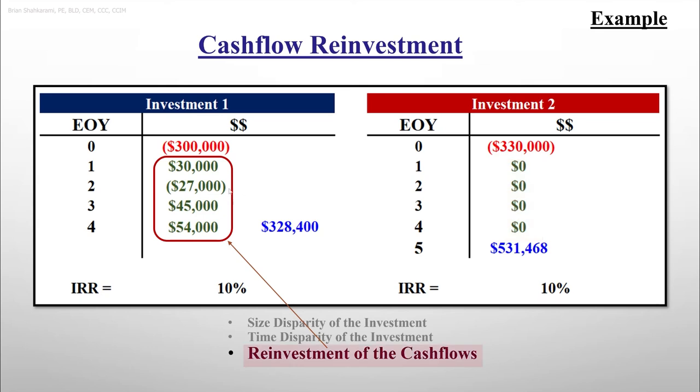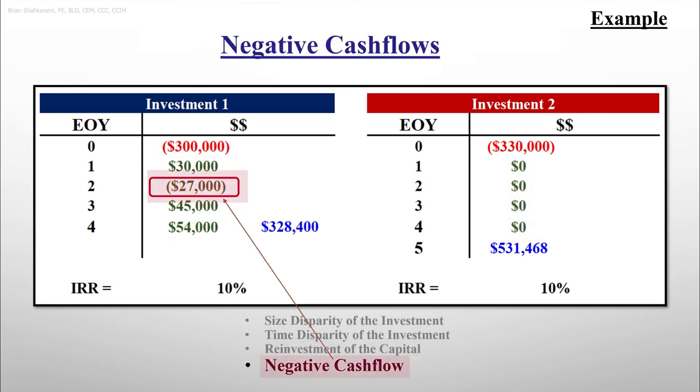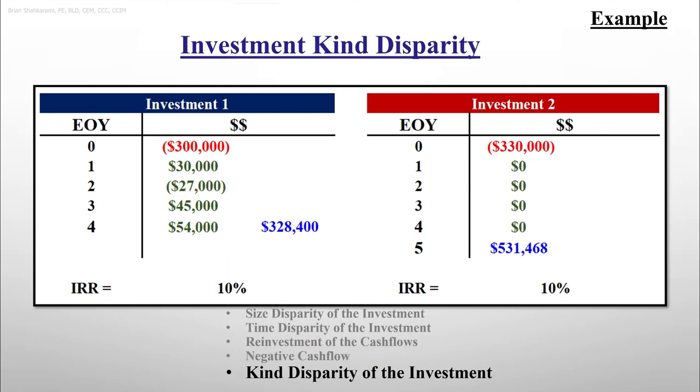How do you account for that? Investment one has a negative cash flow. How do you account for that? Investment one is totally different than investment two, so you cannot do a like-kind exchange per the IRS's ruling. They're apples and oranges. So as we can see, everything about these two investments is different.